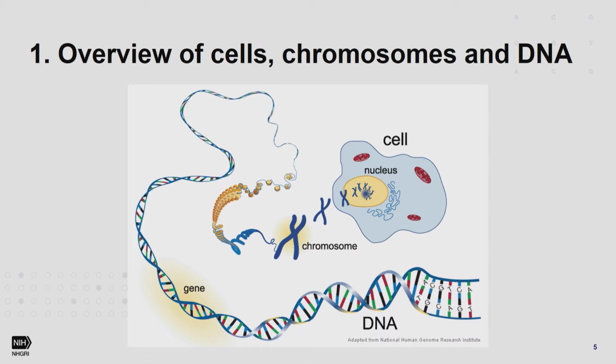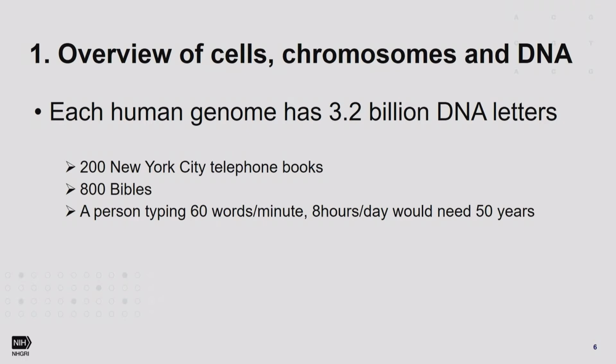And on this DNA strand, there are these very important structures called genes. And when we write down all the letters of all the chromosomes in one cell, there are 3.2 billion letters. So 3.2 billion times A, C, G, T, T, T, T, and so on. Okay, and here, very, very useful information for you.